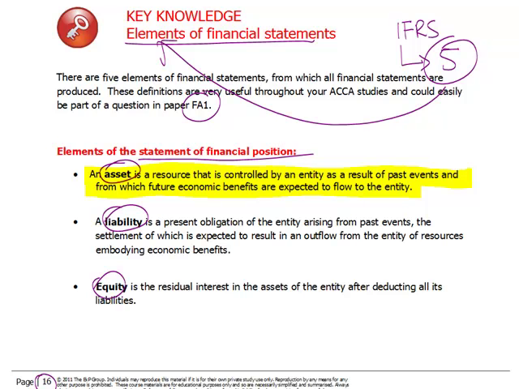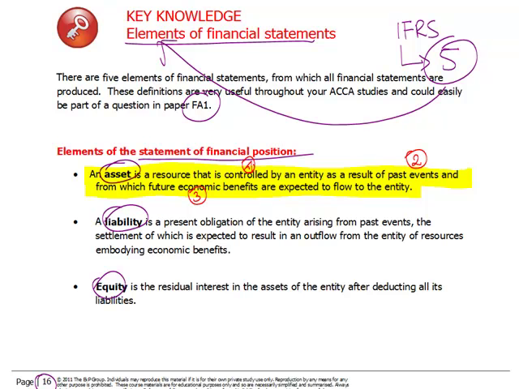So an asset is a resource that is controlled by the entity as a result of past events and from which future economic benefits are expected to flow to the entity. So 3 major elements of this definition are control, past event, and future economic benefits.